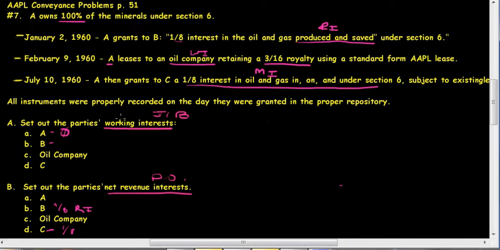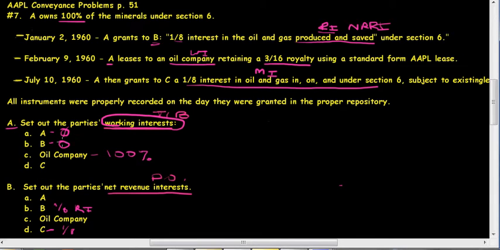So let's look first at A, as we talk about working interest owners. This is really easy because we know A has leased her property, therefore she has no working interest. She's given 100% of her working interest to the oil and gas company. B only had a royalty interest, so he's a non-participating royalty interest owner. So he would have 0 working interest.